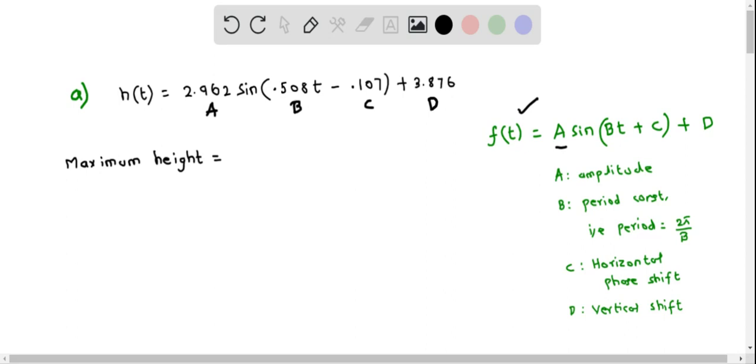Okay, so now we will determine the maximum height. Since we have a vertical shift of 3.876, the maximum height of the tides is given by the amplitude plus the vertical shift. So the amplitude is 2.962 plus the vertical shift, 3.876, and this is in meters.